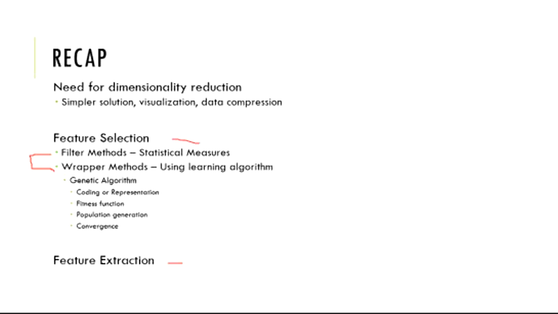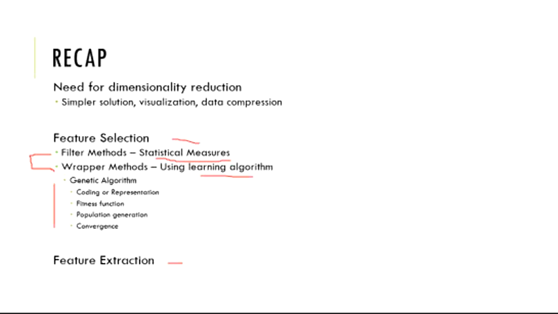Filter methods rely on statistical measures and they do not involve the use of learning algorithm while selecting those features. However, wrapper methods make use of the learning algorithm while they're choosing or selecting which features to keep and which to let go. In this regard, we did genetic algorithm.